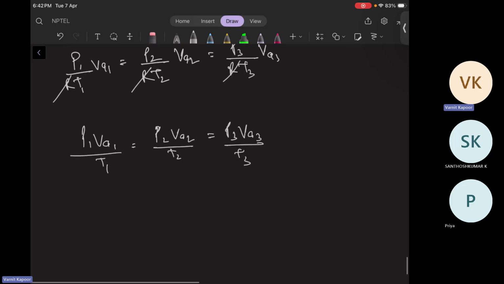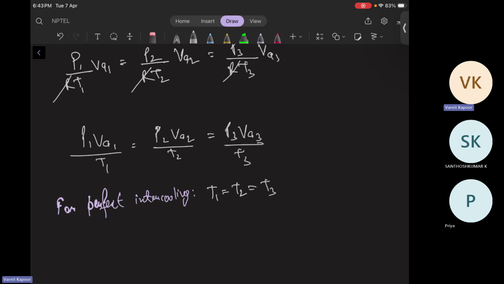And if I have a scenario of perfect intercooling, for perfect intercooling I know that T1 is equal to T2 is equal to T3 in all the compressors. Okay, it will be equal.